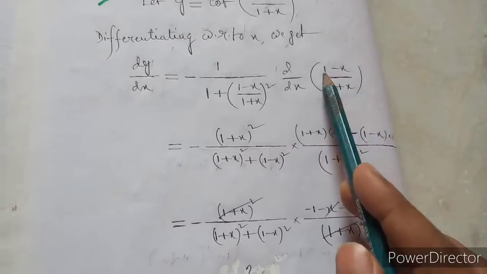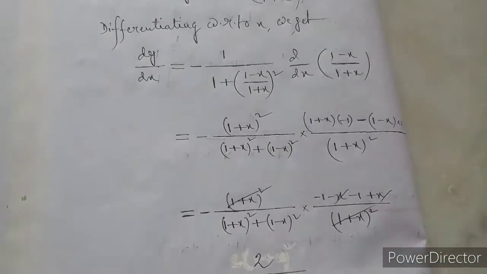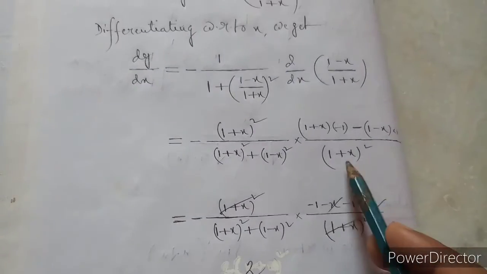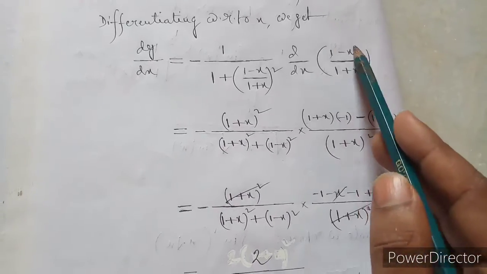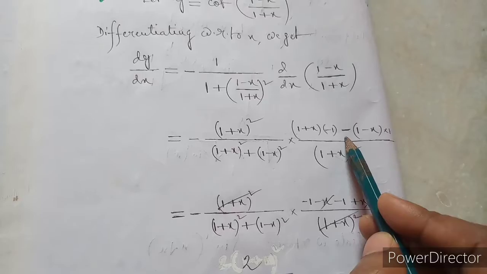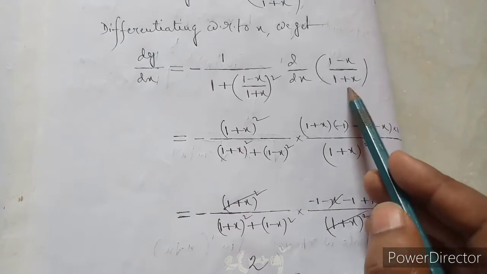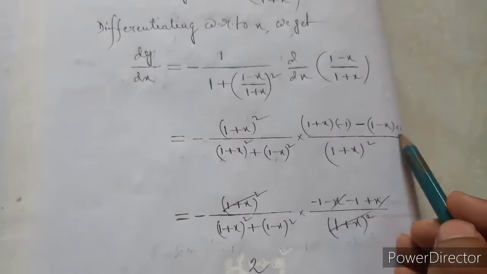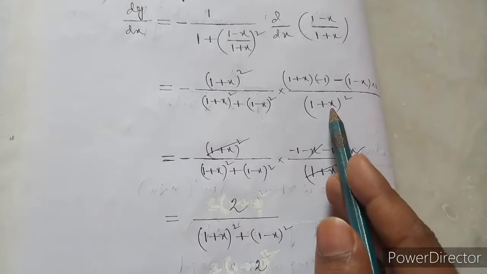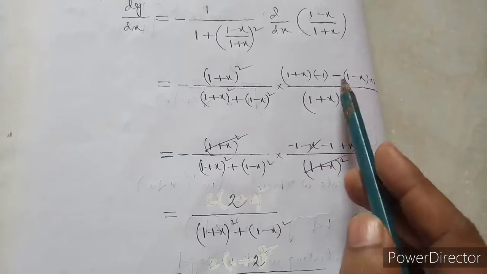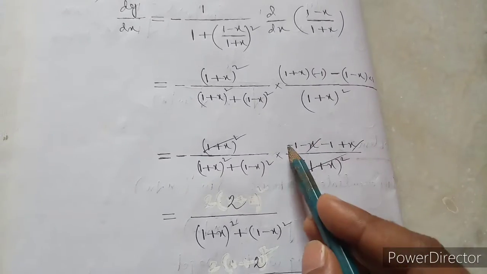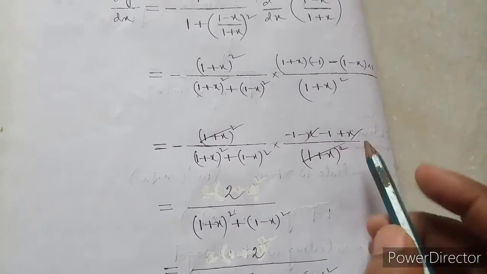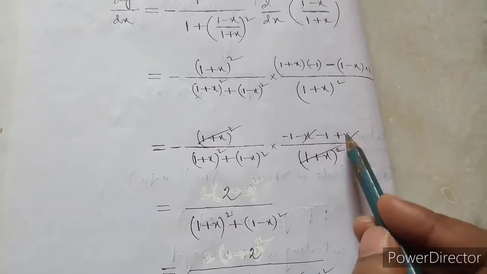And now d/dx of (1 minus x) by (1 plus x) using the u by v formula. So (1 plus x) whole square, and now (1 plus x) into the derivative of this one, which is minus 1, minus this one is constant and the derivative of 1 plus x is 1 only. So this one cancels out, and this is minus 1 minus x, and this should be minus 1 minus minus plus x.